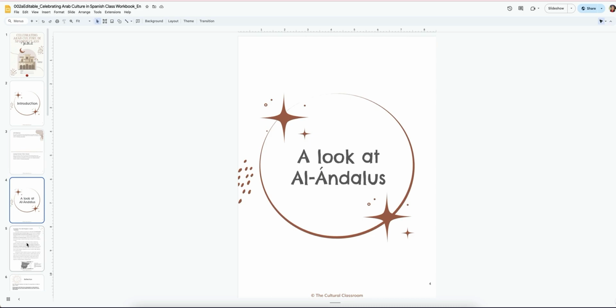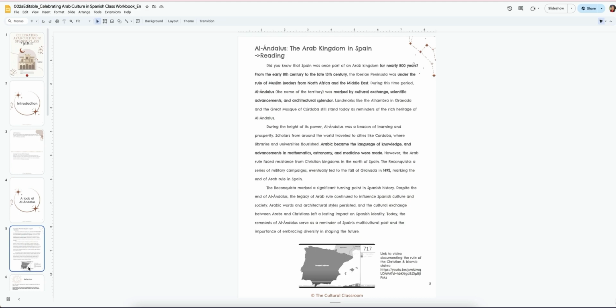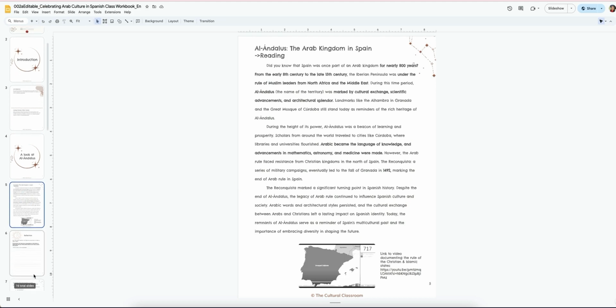So a look at Al-Andalus, which was the region that the Arabs conquered in Spain. I wrote this bit right here, and there's even a link here. If you type it in, it shows the conquering of Spain. So you can see a map here that shows the height of the kingdom, how extensive it was in Spain.